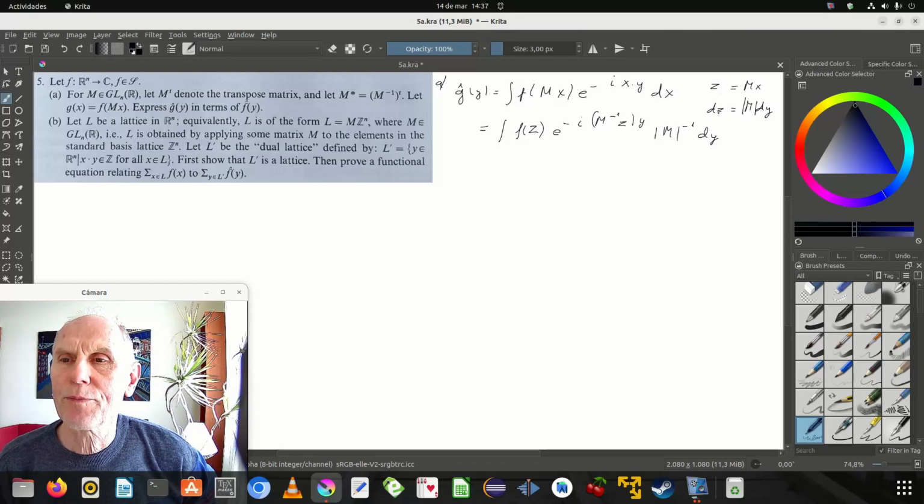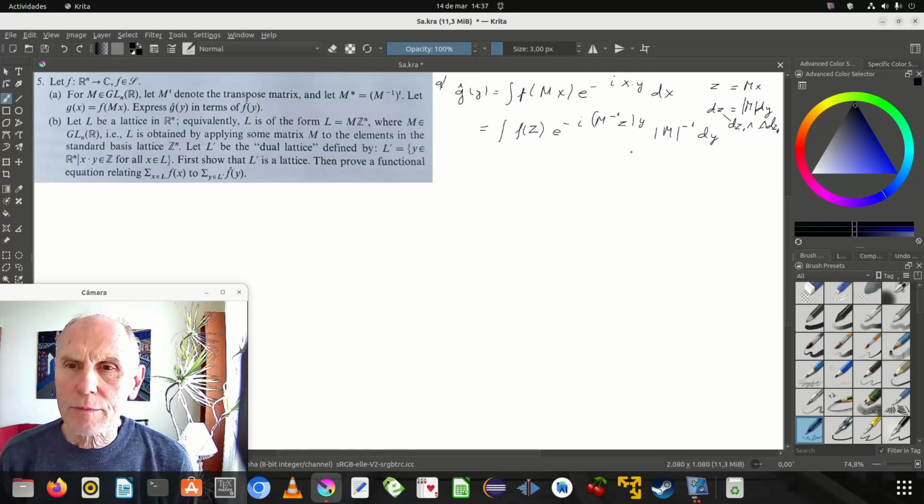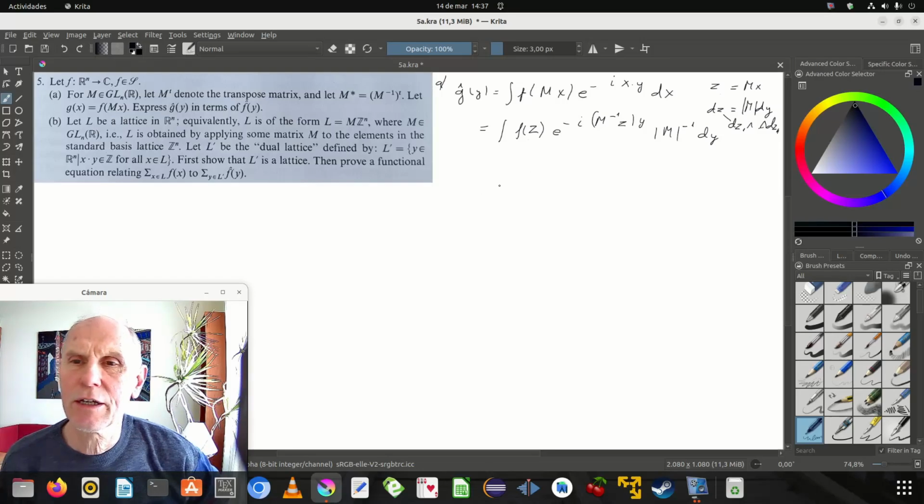This is like a dz1 wedge, etc., up to dzn, the wedge product. Now we need to put m over to operate on y instead.